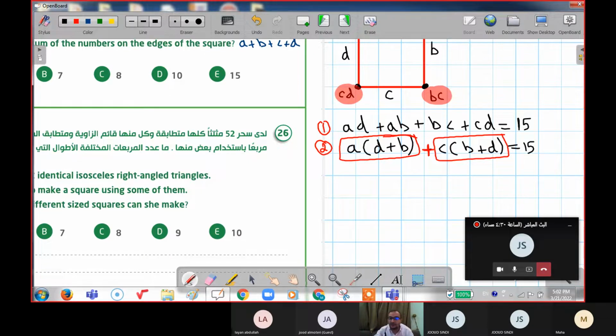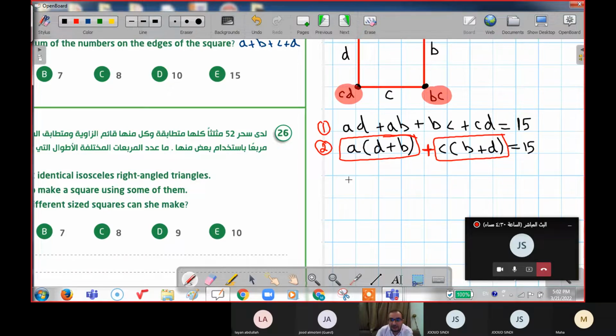So I will repeat that. The common factor is the same quantity from two expressions. Here we have two terms: the first term is A times D plus B, and the second term is C times B plus D. So B plus D is the common factor between the two terms.